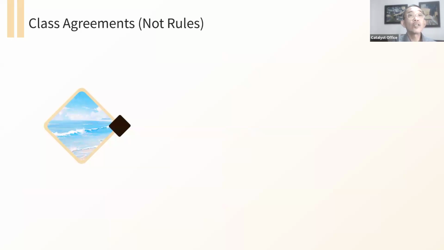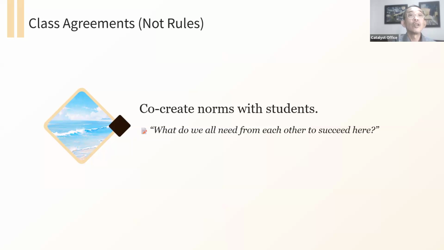Okay, next is class agreements. What does that mean? You co-create norms with the students. What do we all need from each other to succeed here? So for instance, there's a growing tendency for some people in your classroom to arrive late for class in the morning.